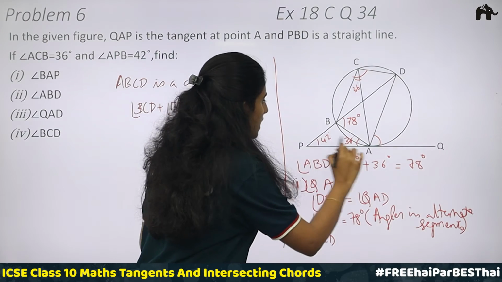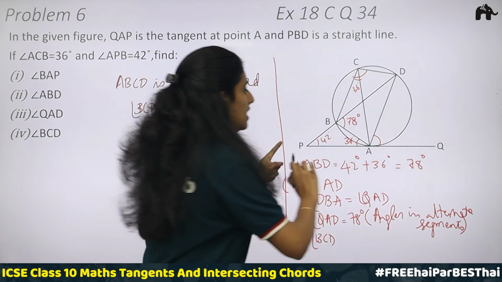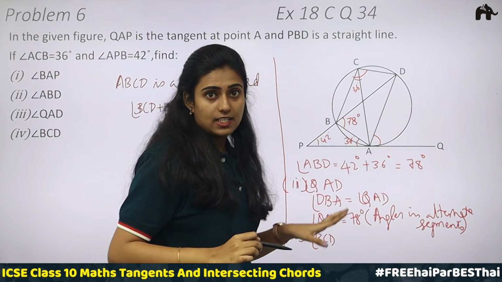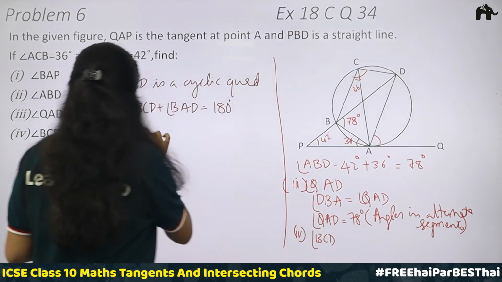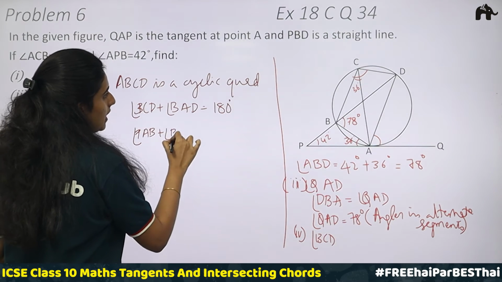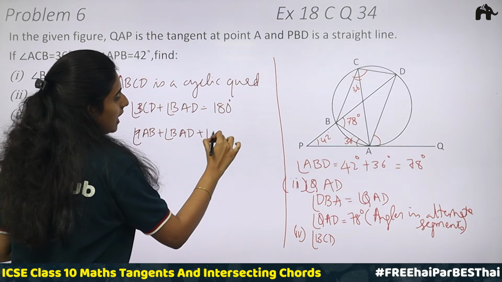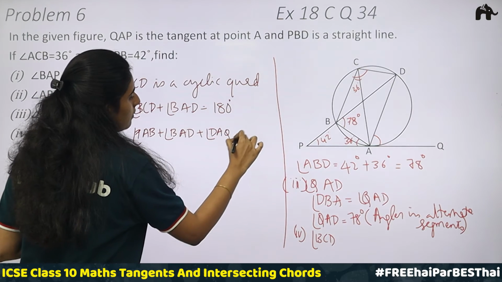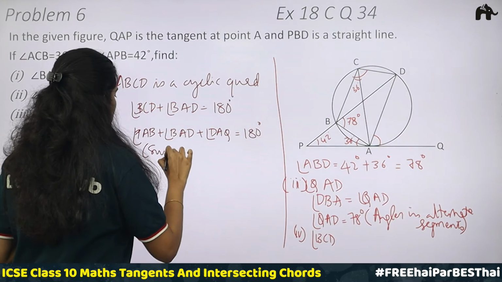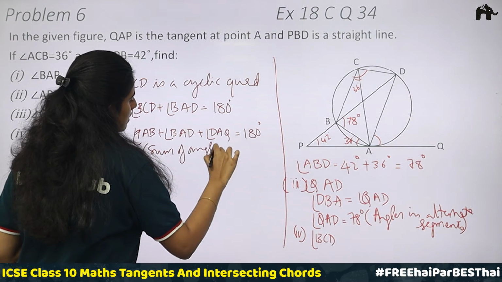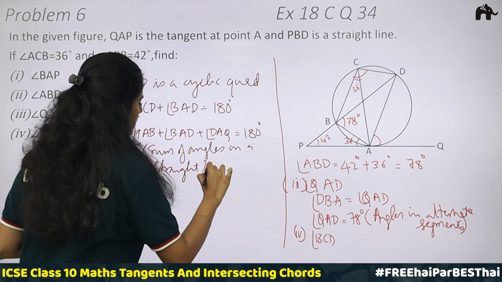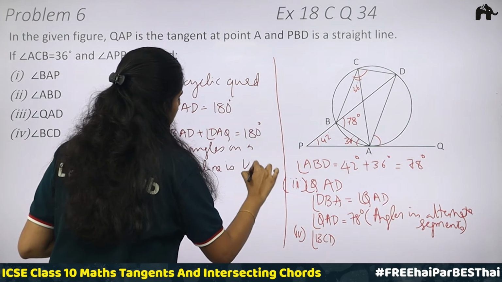Here, PAQ is the tangent and it is a straight line. So the total angle on a straight line should be equal to 180 degrees. Angle PAB plus angle BAD plus angle DAQ will be equal to 180 degrees, since the sum of angles on a straight line is 180 degrees.